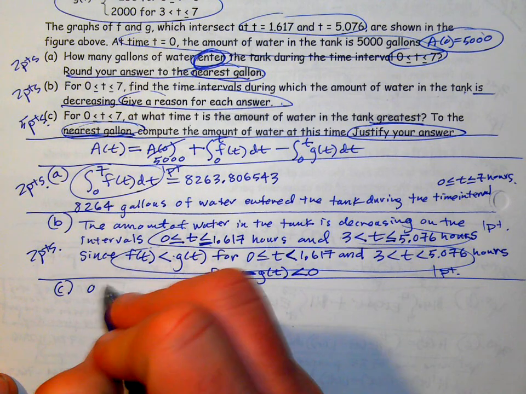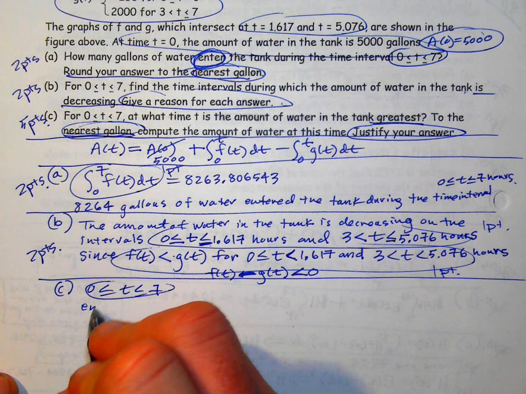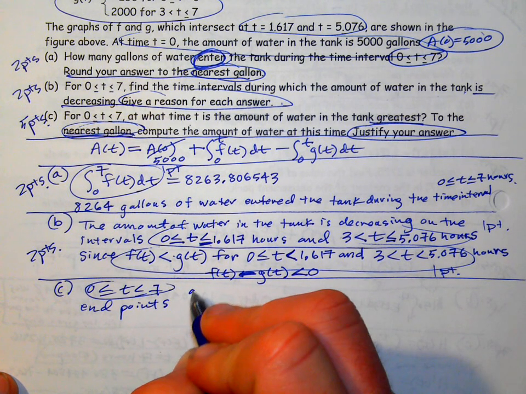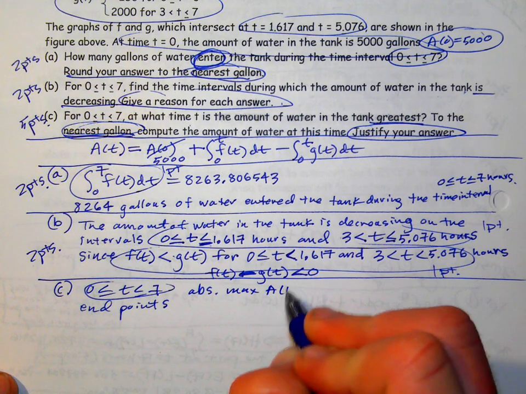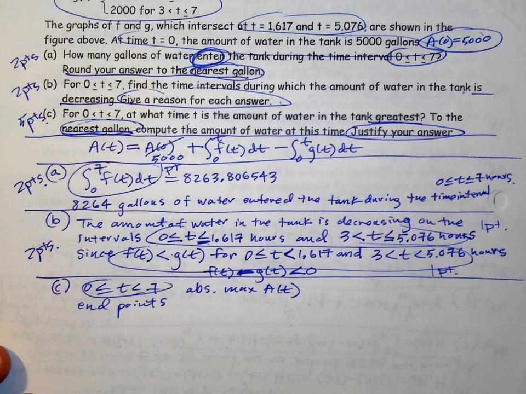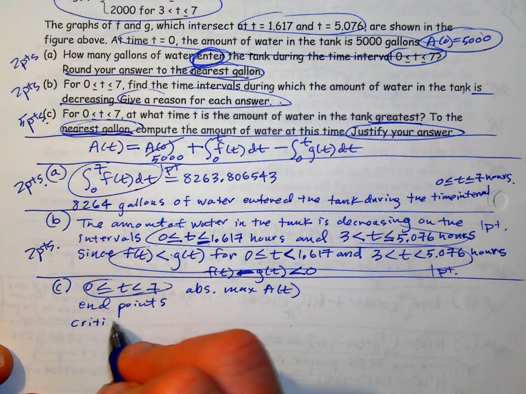So 0 to 7 are our endpoints, which is one of the things you need to identify. And we're looking for an absolute max amount. Now, the interesting thing is we haven't even used our whole rate model yet. So we get to do that now. So now we got to find critical points. I would write it out, critical points.